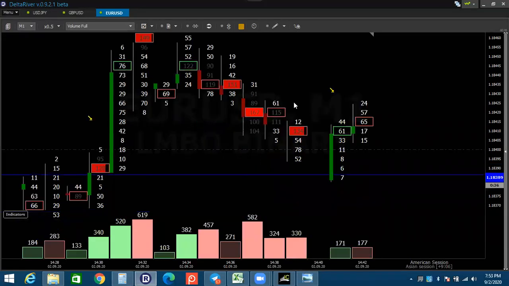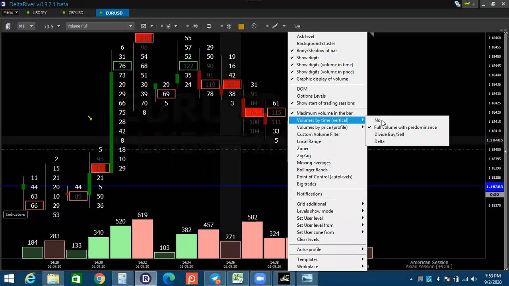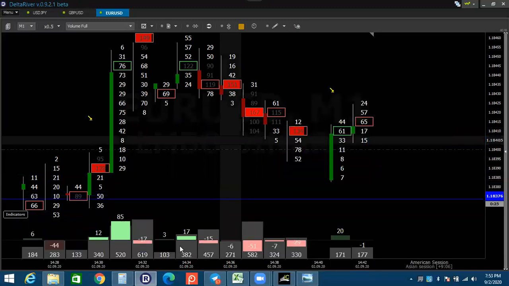Okay, so here it's working now. So we can change this one. It's the whole volume, okay? And if you want to check the delta volume, you can also use the check on the delta. Delta shows the total volume of the sellers and the total volume of the buyers, and they are subtracted, and whichever volume is higher, they show here.